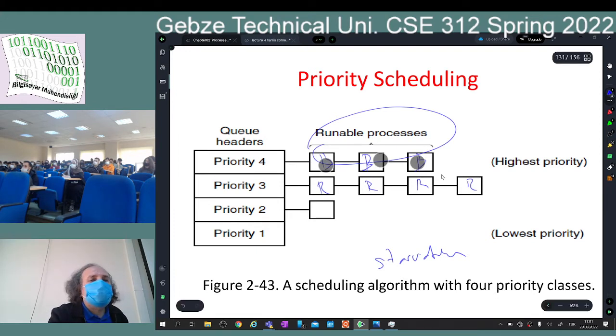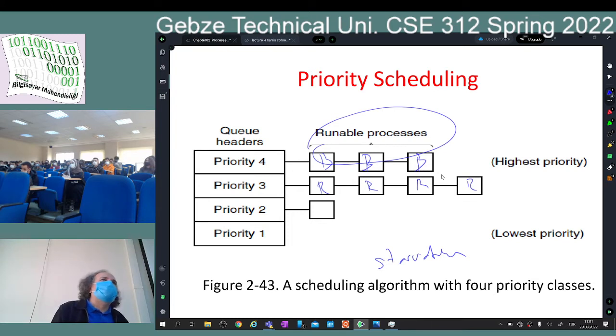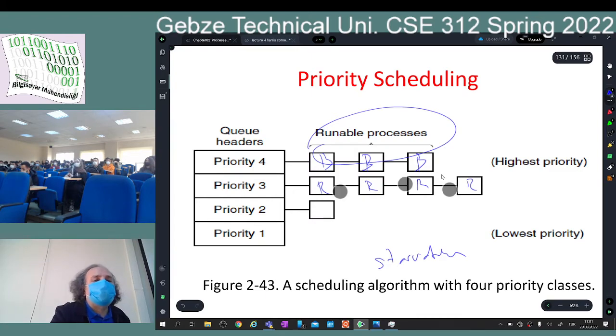So these three are in effect waiting for priority Q3. So that's the inversion of the priority, right? The priority inversion problem. So what was our solution? We could say that if a process is not running for a long time, maybe I should increase its priority. If a process is using too much CPU time, maybe I lower its priority.